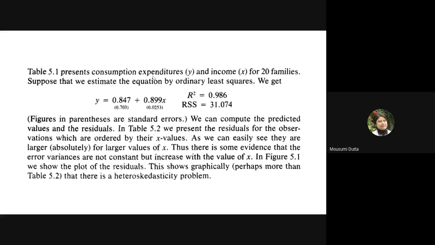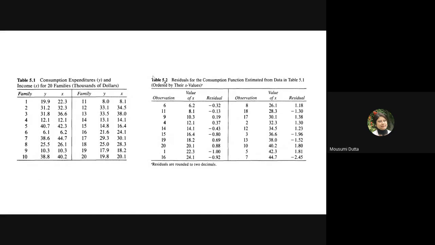From Madala, I'm considering table 5.1. It is the data on consumption expenditure, that is the Y variable, and the income, that is the X variable. We have observations on 20 families. Y is the consumption expenditure in thousands dollars, and X is the income in thousands dollars. So these are the 20 observations.